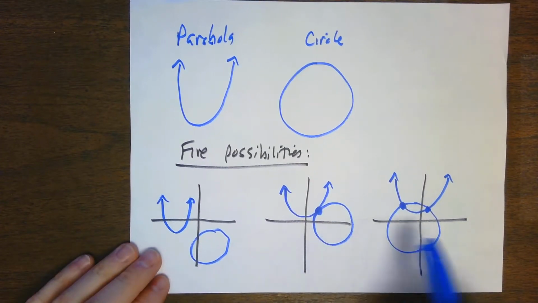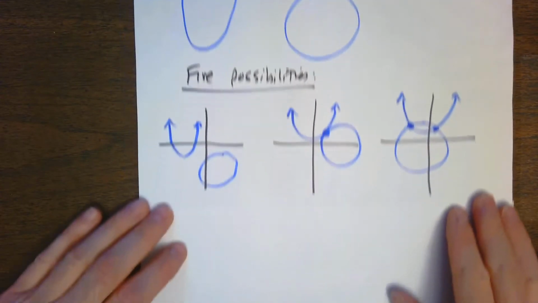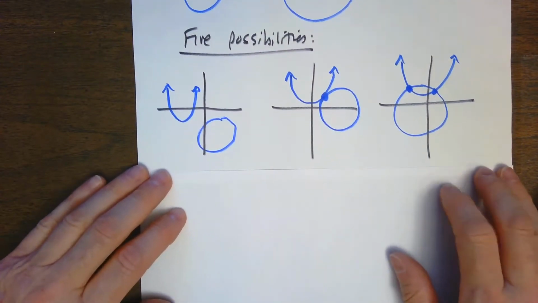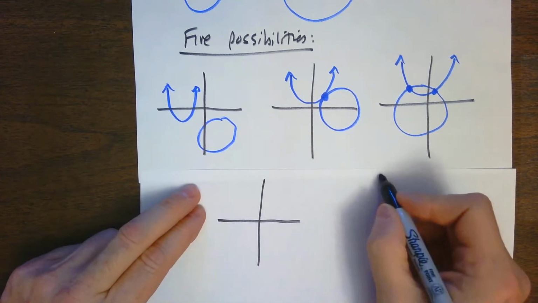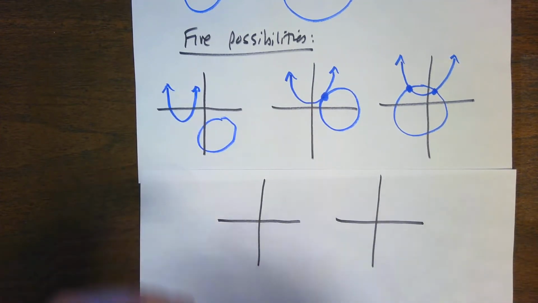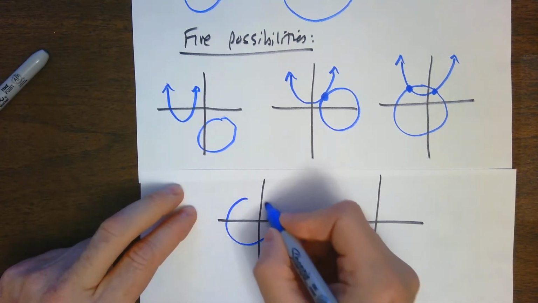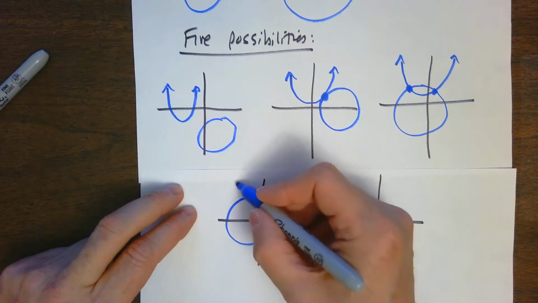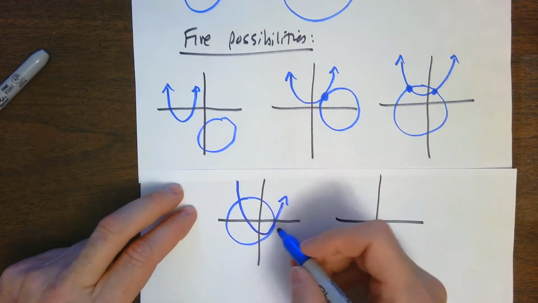So 0, 1, 2. Is it possible to have exactly 3 points of intersection? Yes. For example, if I had the circle here and I had a parabola that comes down and touches and then goes, whoops, that's not very good.